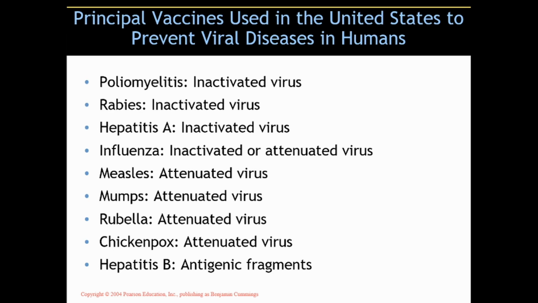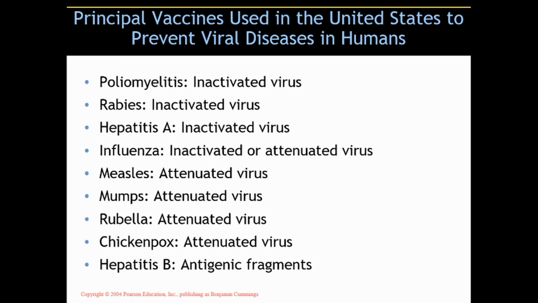So the closer we can get a vaccine to the real thing, the better the immune response. That's generally speaking, not every case, but generally speaking, the closer we can get to the real thing, the better and stronger the immune response, which means then, as a result, your immunity has been boosted, and it will be a better immunity, and in some cases will last throughout your entire life.